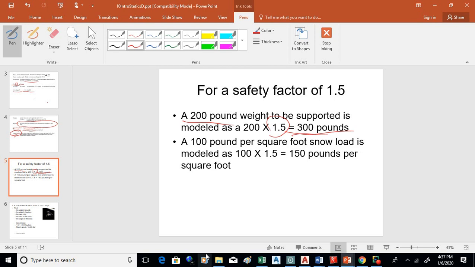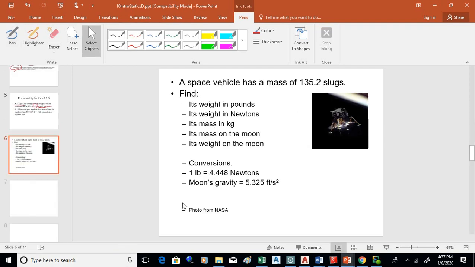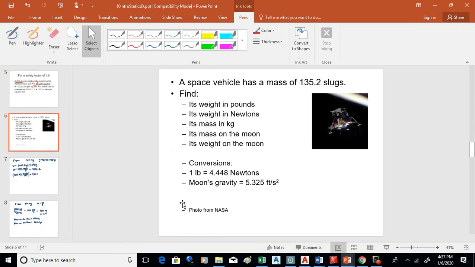Okay. All right, let's have a look at an example here maybe. Let's say we've got a space vehicle and it has a mass of 135.2 slugs. And I don't know if I have this in your copy. You might have to just copy this one down, okay? Let's find a few things out about this. So let's say this thing has a mass of 135.2 slugs.